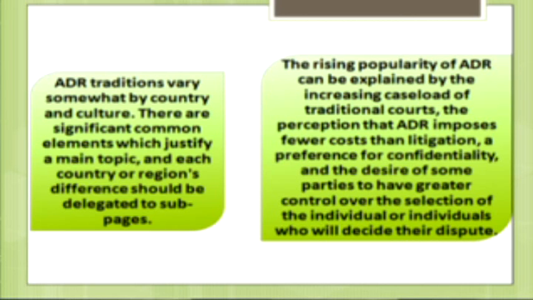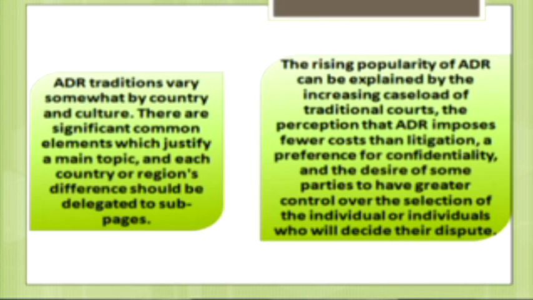If we take the example of conciliation, conciliation is basically settling a dispute with the help of a third party. Both the parties submit their statements to the third party, and the third party finally comes up with a certain kind of solution.